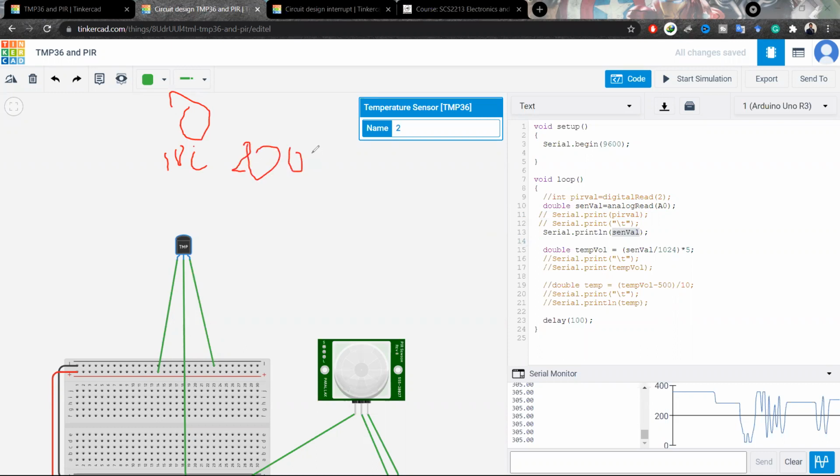Because of that, it can only give some voltage value based on this temperature. For every sensor, you don't need to exactly get the 0 and the 1024. That depends on the sensor. So it can be fluctuating around like 0 and 100.